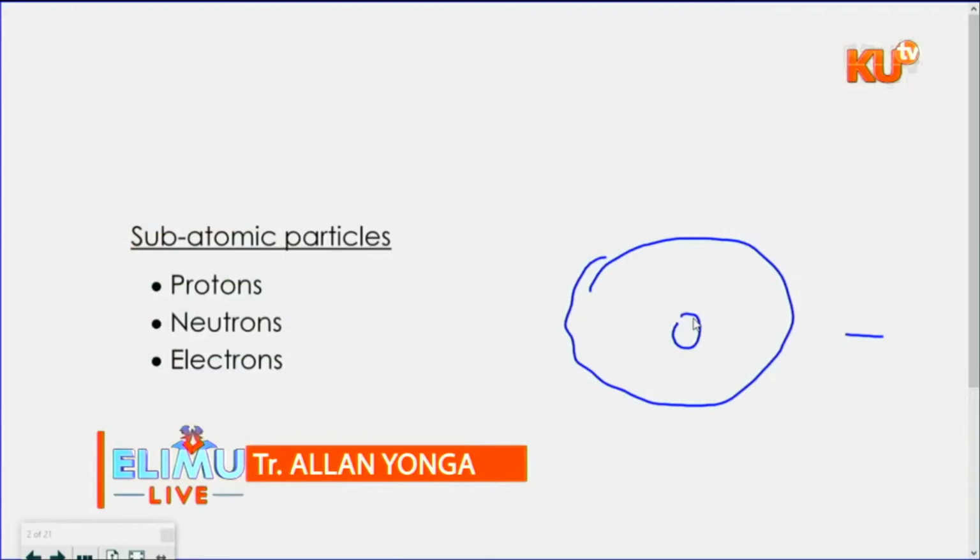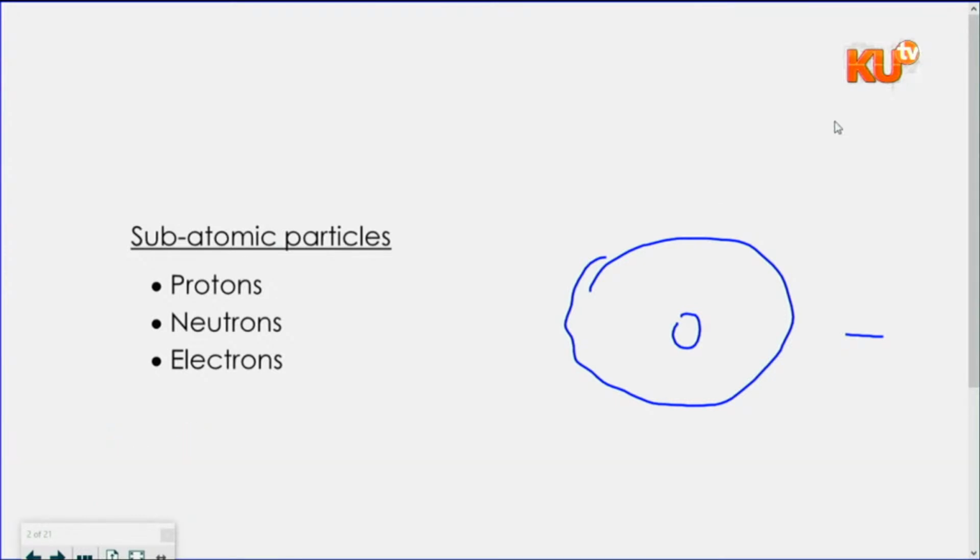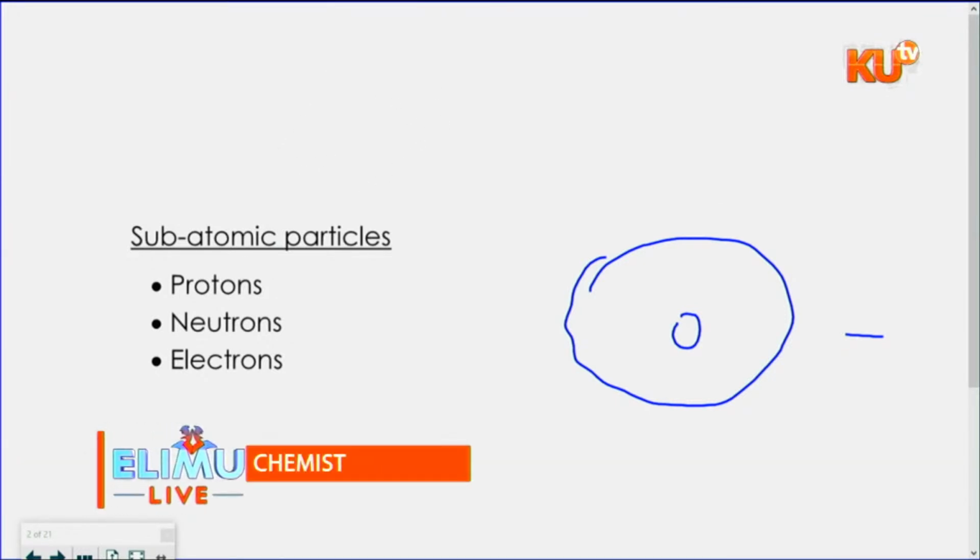Back to the diagram, you can see the small circle in between there. That's what we refer to as the nucleus. And the particles found there are your protons and your neutrons. So two particles found inside the nucleus are protons and neutrons.